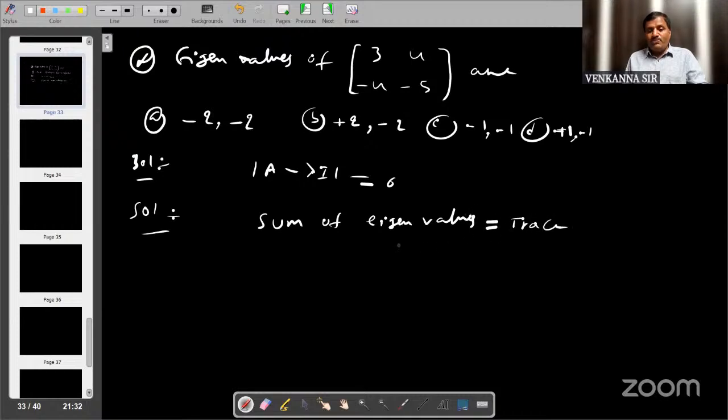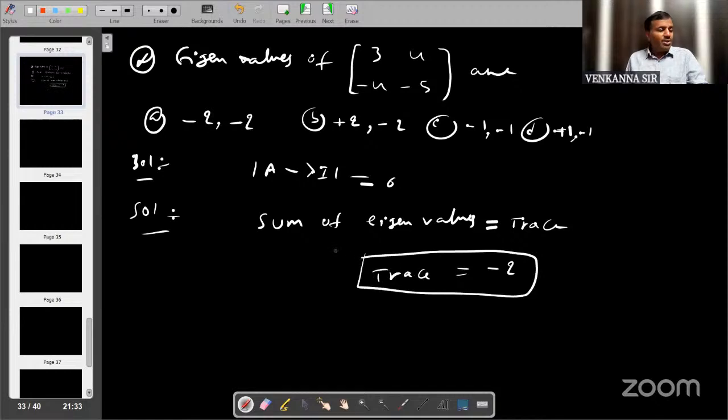So this property we are going to apply. What is the trace of this matrix? Trace means the sum of the principal diagonal elements. Trace is minus 2.